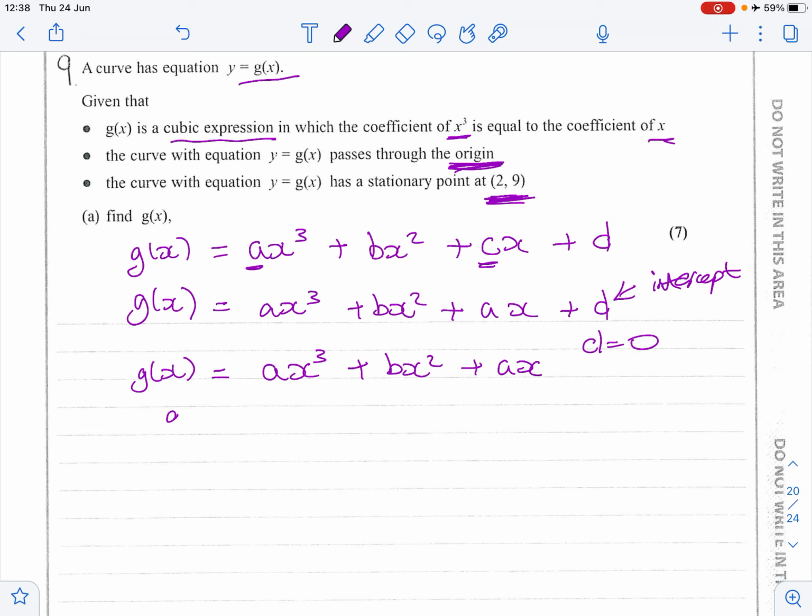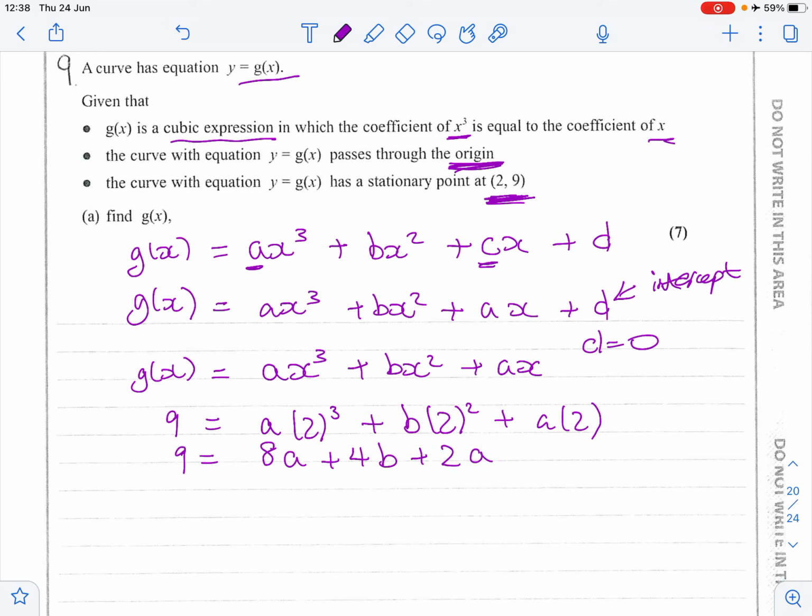When g(x) equals 9, x is 2, so we have a times 2 cubed plus b times 2 squared plus 2a, so this becomes 9 equals 8a plus 4b plus 2a, which is 10a plus 4b equals 9.